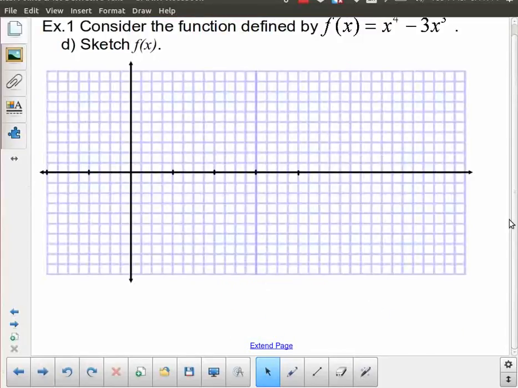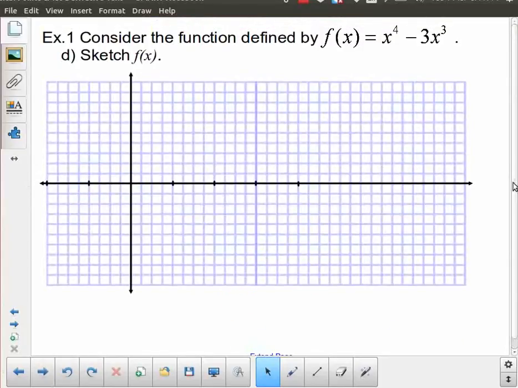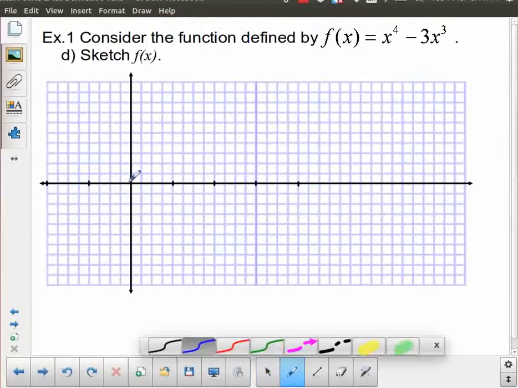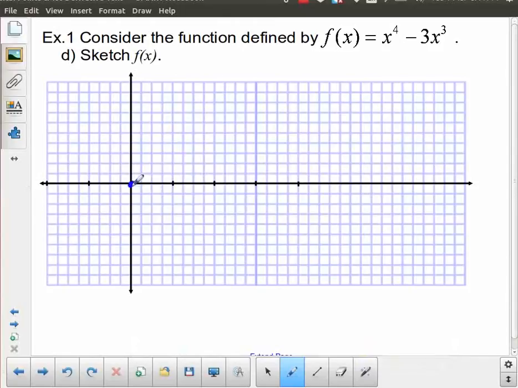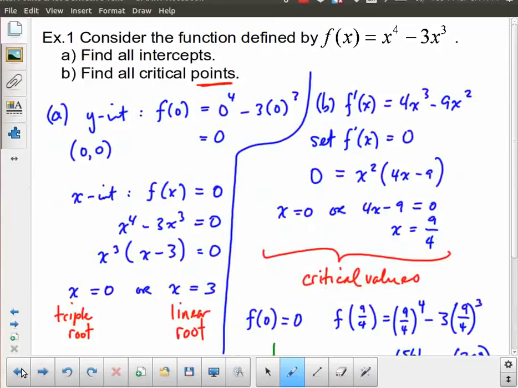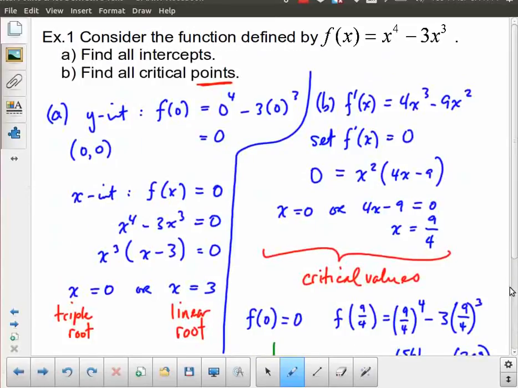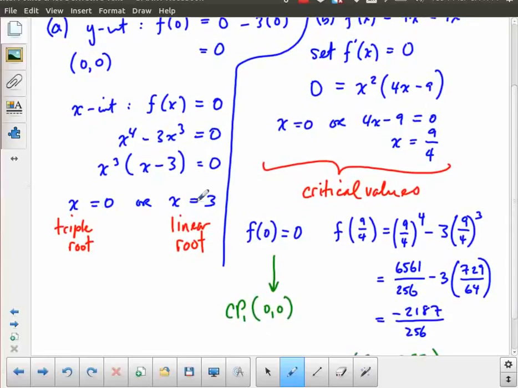And I'm asked to sketch this. So I know that here at 0, 0, I had an x and y intercept. And I also know that if we go all the way back to that first slide, not the first slide of the problem, I also had an x-intercept at 3.